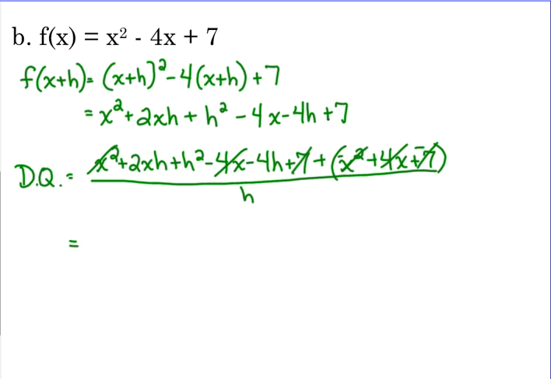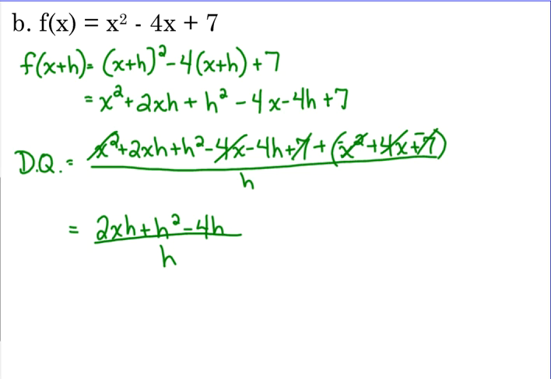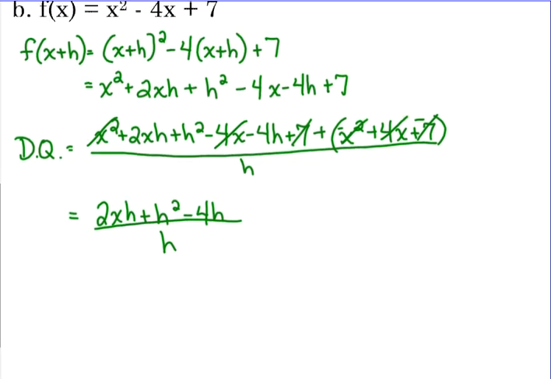So let's see what we've got left. We have 2xh plus h squared minus 4h. That's it, all over h. Now, there is one more thing that we can simplify. All those terms in the numerator have an h.